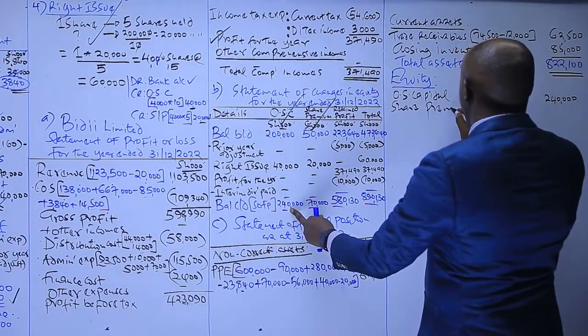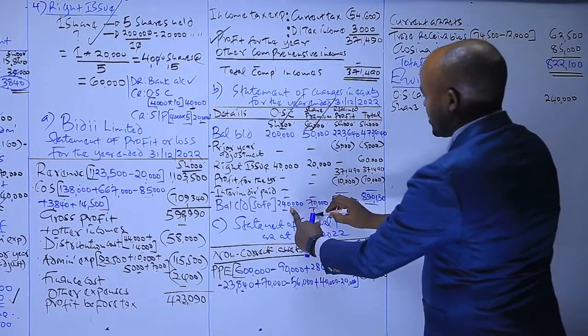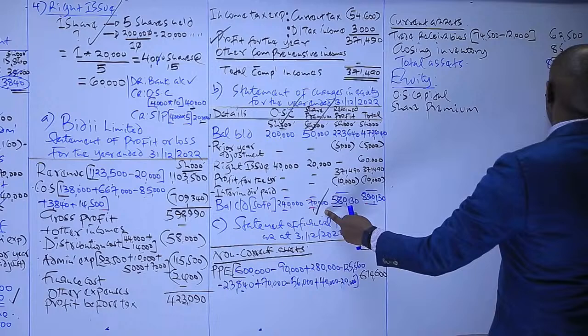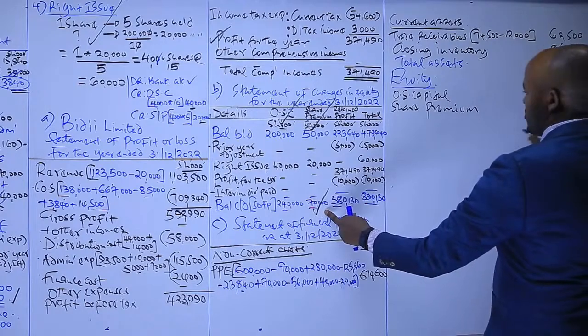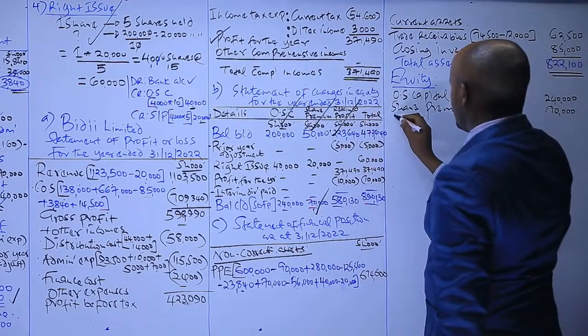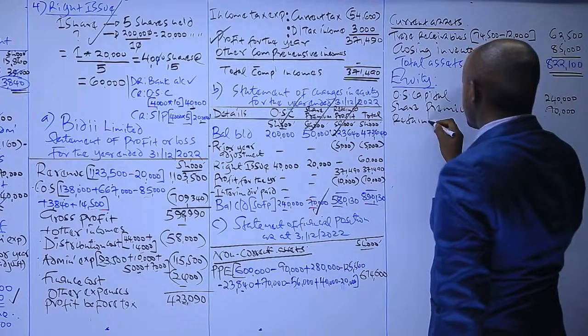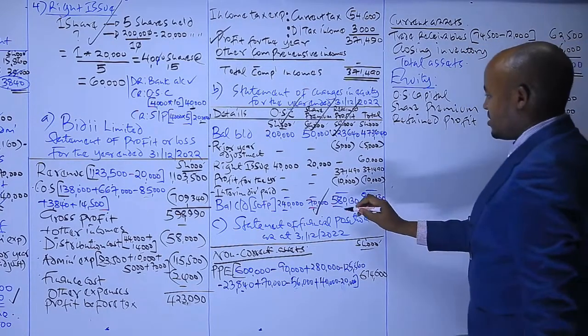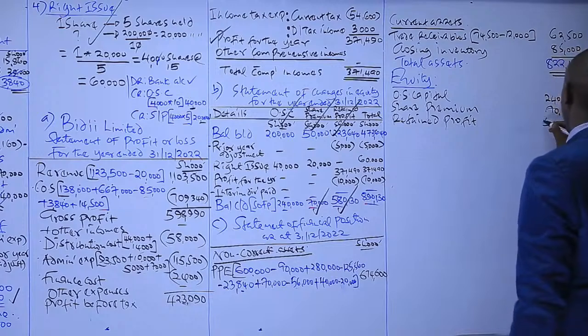The balance at the end of the year for share premium is 70,000. Then we have the retained profits. The retained profits at the end of the year were 580,130.